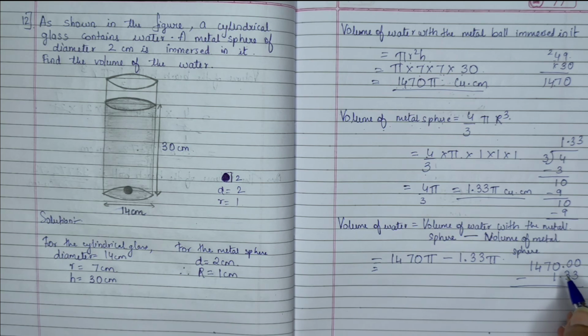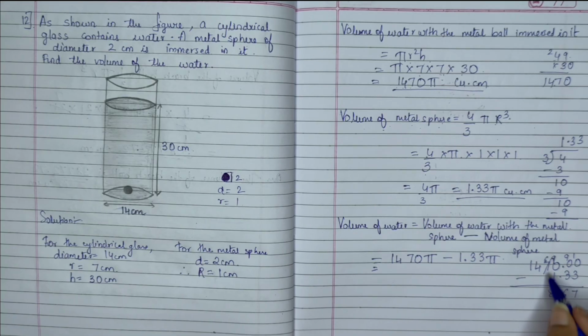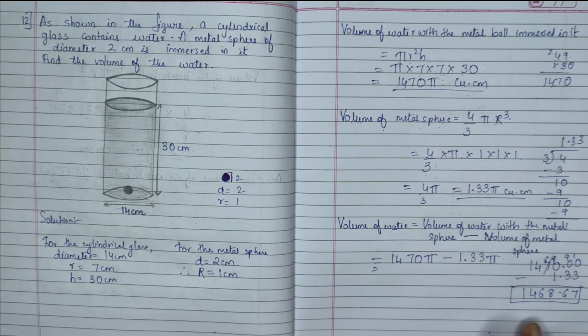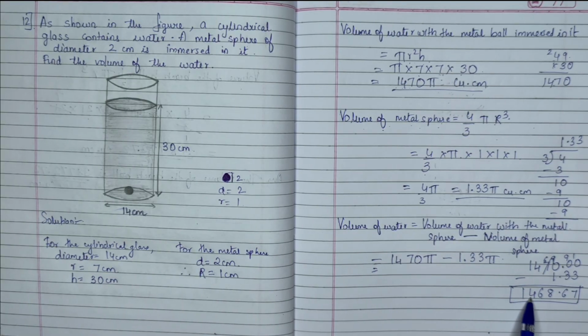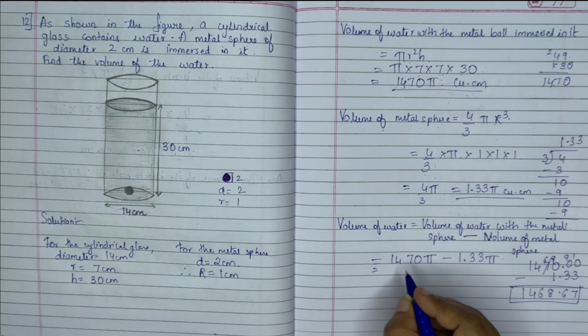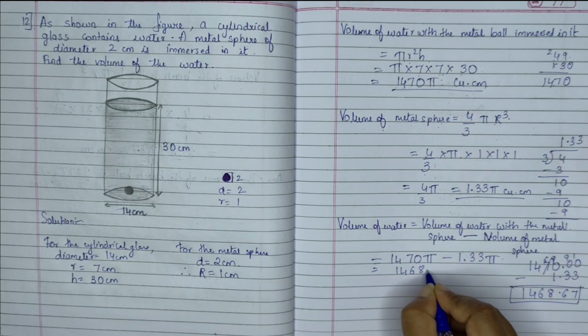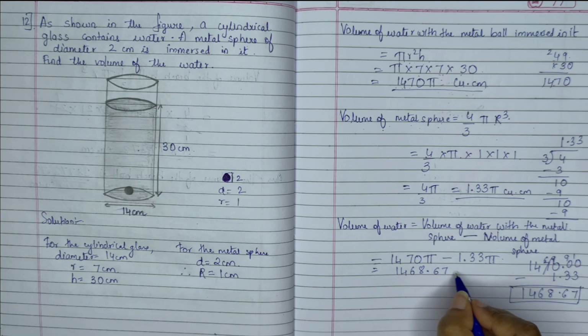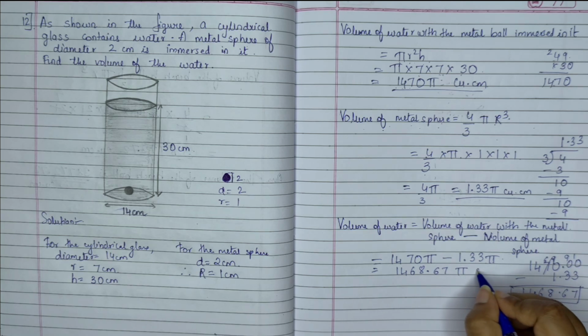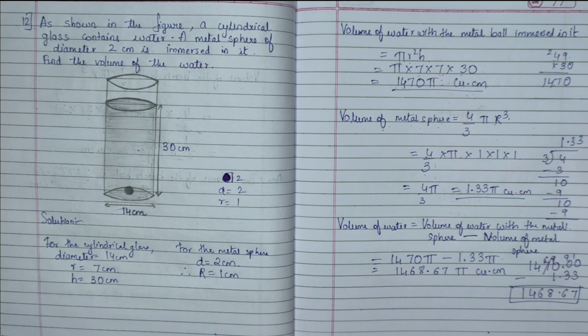Subtracting, we get 7, 9 minus 3 is 6, 9 minus 1 is 8, and the 6, 4 and 1 stay as they are. So we get 1468.67 pi cubic centimeters.